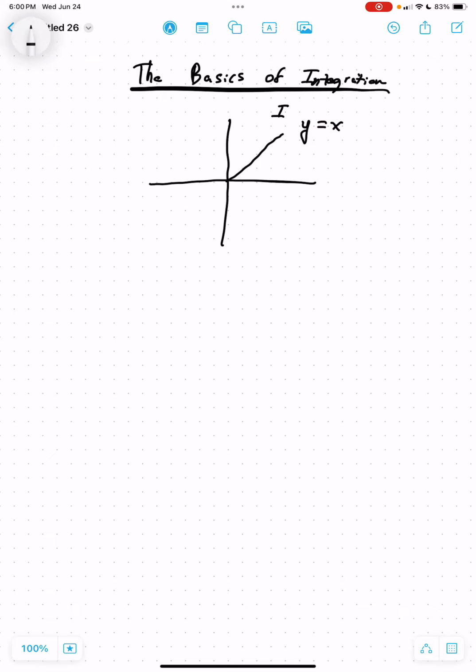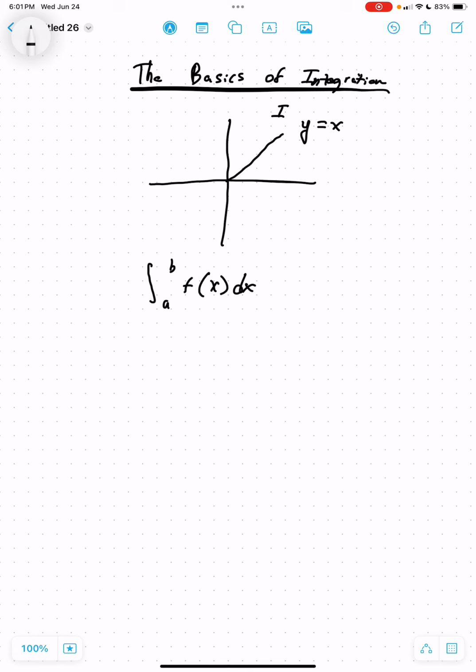And the definition of an integral and the proper notation is this. We say the integral from a to b of f of x dx. The a and the b represent the bounds of which we're integrating from.